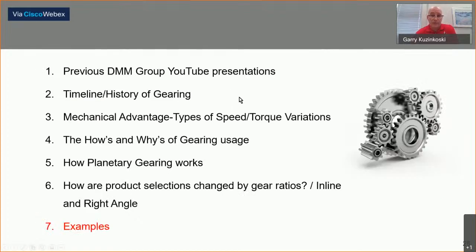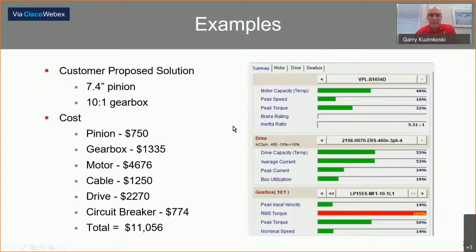Last but not least, an example of changing gear ratios and a combination of what that changes for hardware that can hit home with our customers. In one example, the customer proposed a solution of using a 10-to-1 gearbox and a 7.4-inch pinion. That's their setup for their mechanics. As we break down what those particular components cost, you can see that it even matters to the drive and the cables and the circuit breaker because I'm using probably a larger motor.